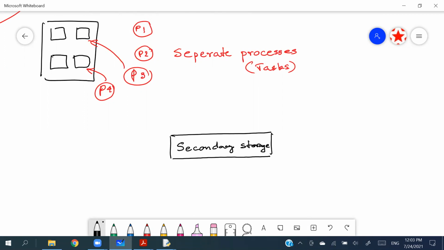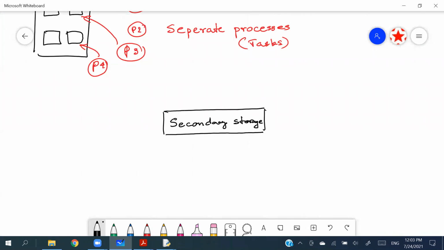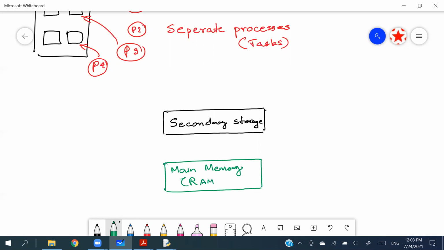Once we execute the programs inside the secondary storage, the programs will be taken to the main memory, right? Usually we call it the RAM.